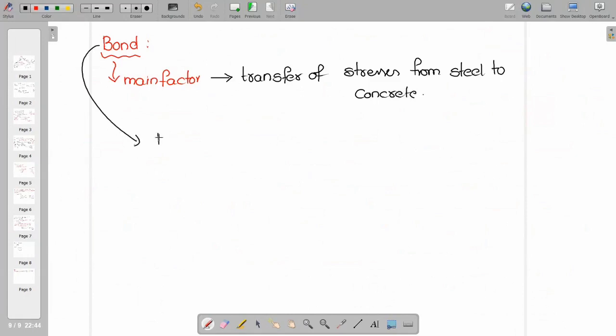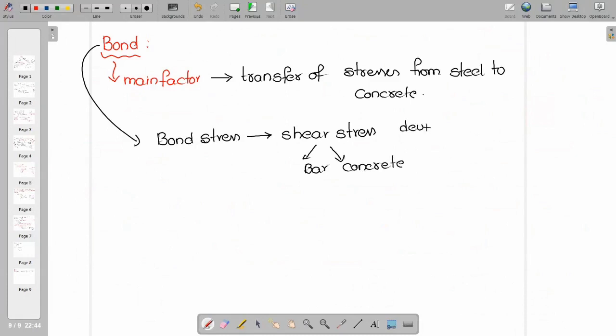If you talk about bond stress, bond stress is nothing but the shear stress developed between bar and concrete. The shear stress developed between bar and concrete is known as bond stress.